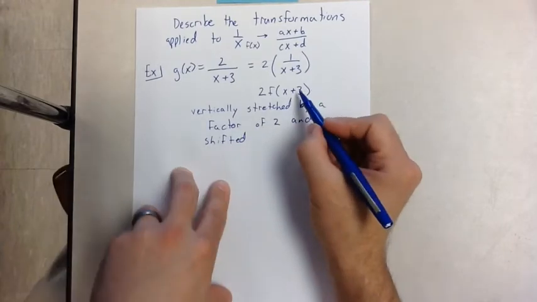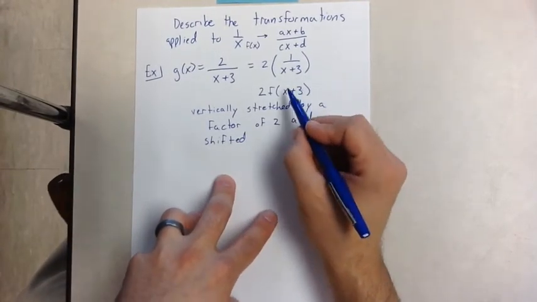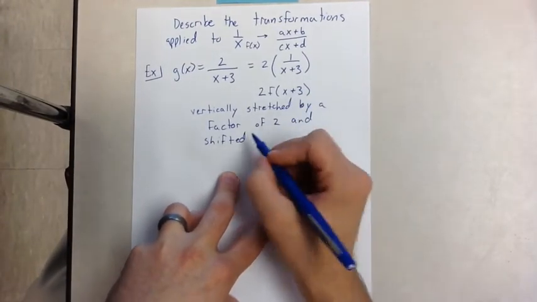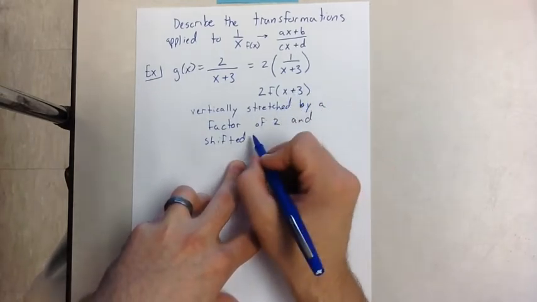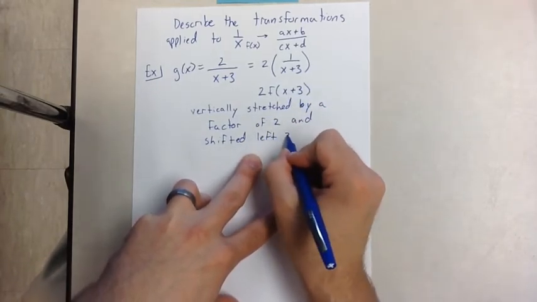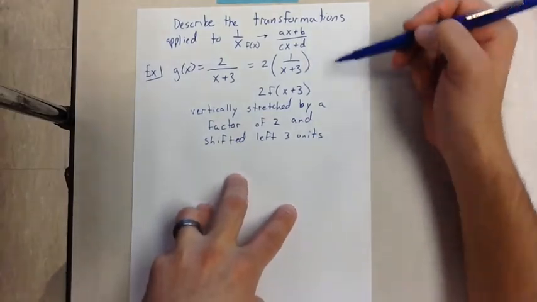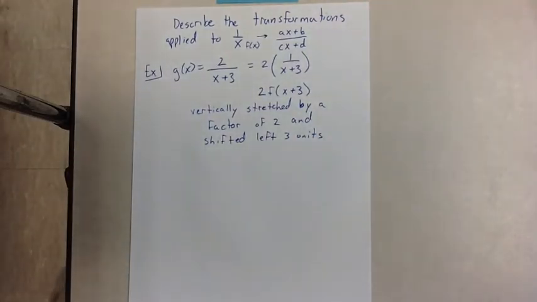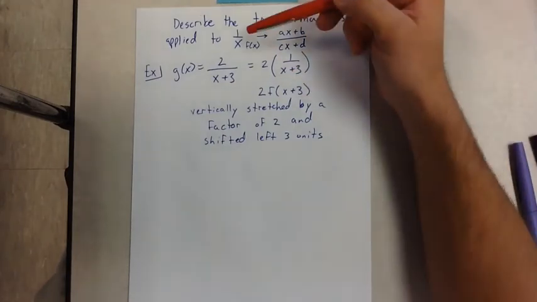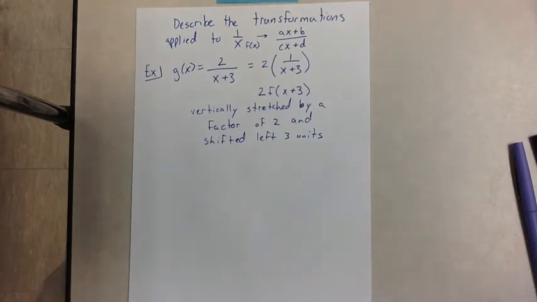So we're thinking either up, down, left, or right, being applied on the inside of our function. We're going left and right. This would be left 3 units. So we're looking at the function and trying to break it down into something that kind of gets us looking at the original. Let's look at another.